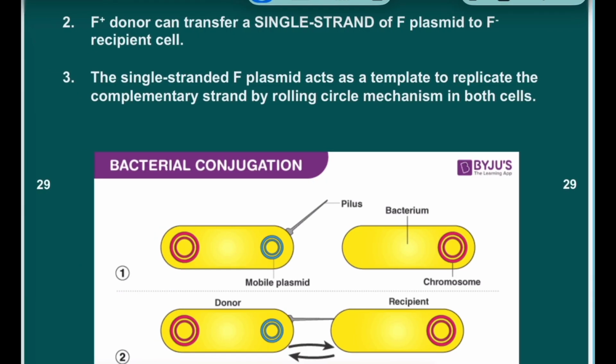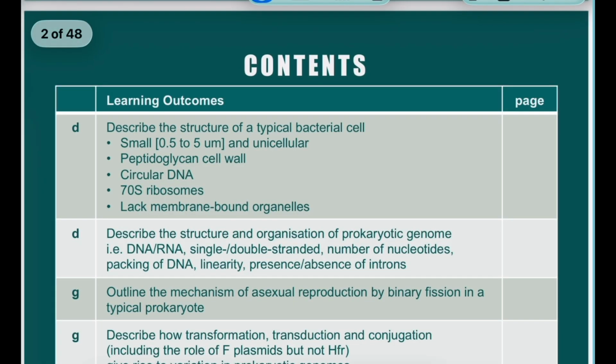You just need to use the term. You don't have to explain the entire mechanism of the rolling circle. Okay, so yeah, because you must always refer to your this thing, right?